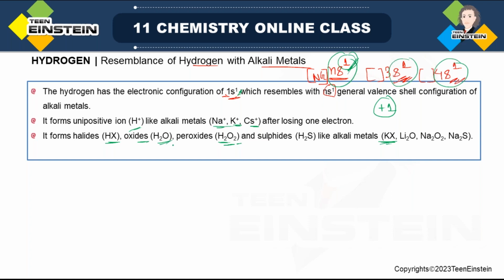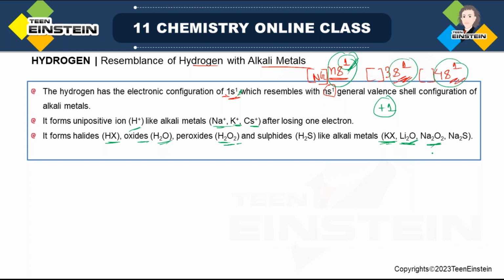Then the oxide, water, is basically the oxide of hydrogen. You can find similarity with Li2O, though different alkali metals form different types of oxide. When it is lithium, you will find similarity in formula with H2O. When it is sodium, it mainly forms a peroxide type of oxide. There are basically 3 types of oxide you can observe for alkali metals.